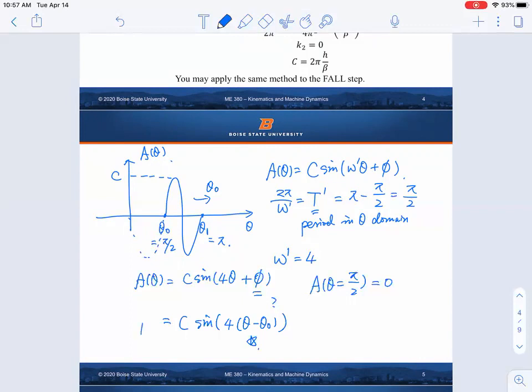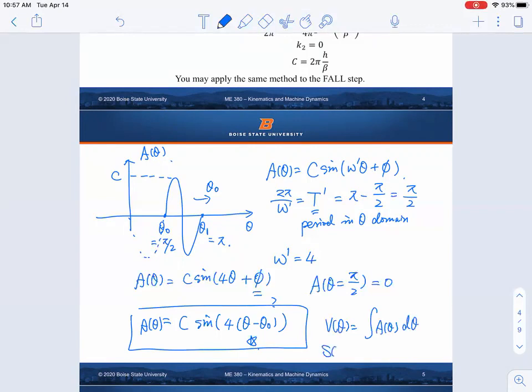So that means you can also get your A(theta) directly from your theta domain without using any x. So once you have your A(theta), then you can get your V(theta) by integration. And then your S(theta) is another integration.